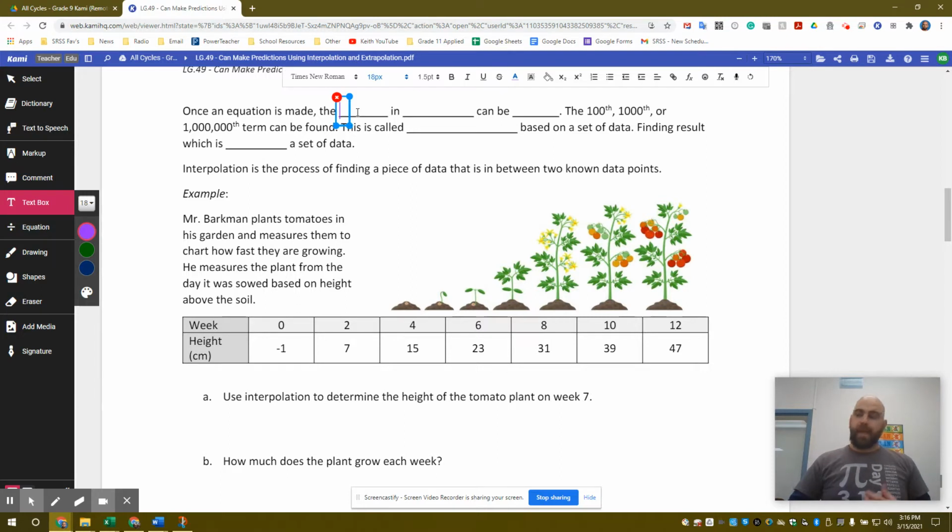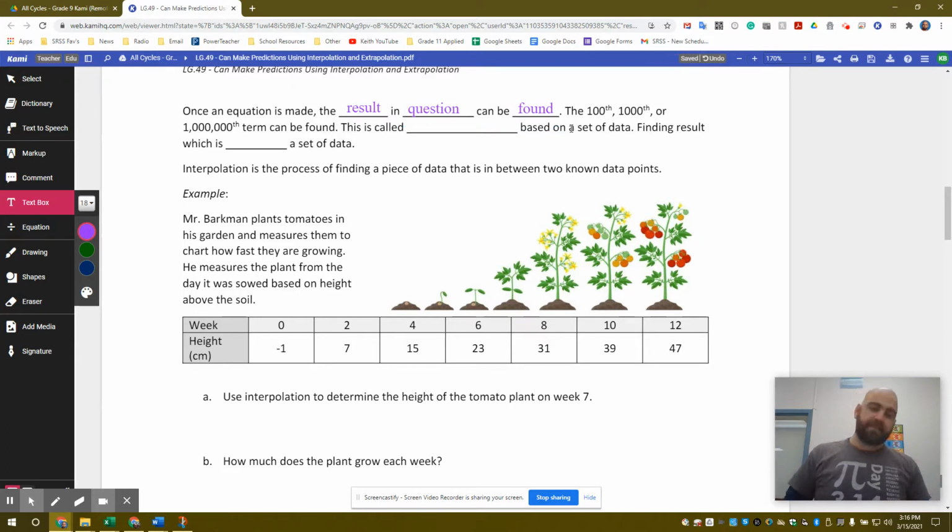Once an equation has been made, the result in question can be found. We could find the 100th term, the 1,000th term, or the millionth term very simply without having to extend our table.